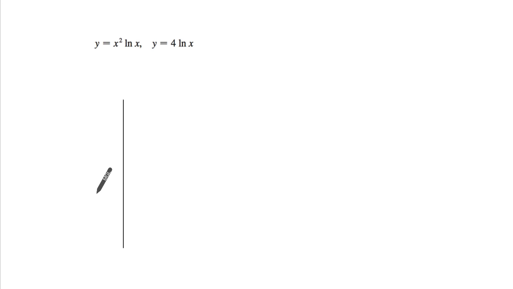Okay, so we know that for ln of x, when it's e, like 1, 2, 3, e is about here. Instead of being 1, it's at 2, 3, 4. So it's going to look like this.